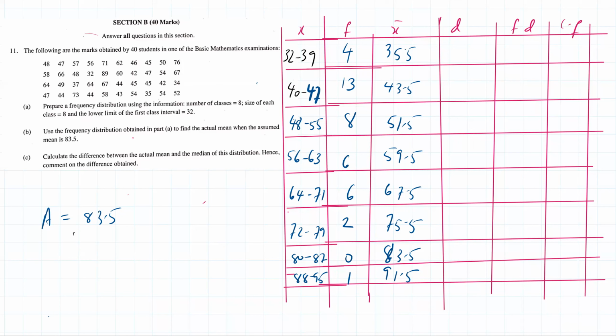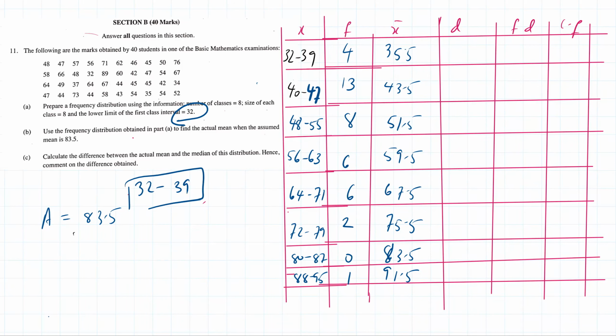So we're supposed to prepare a frequency distribution table with the number of classes being 8 and the size of the class being 8. So basically, we start, as we have been told, with 32. So 32 to 39.